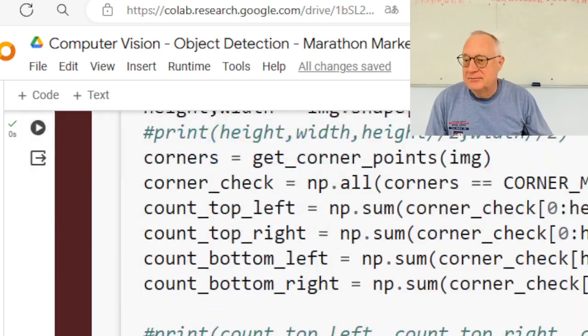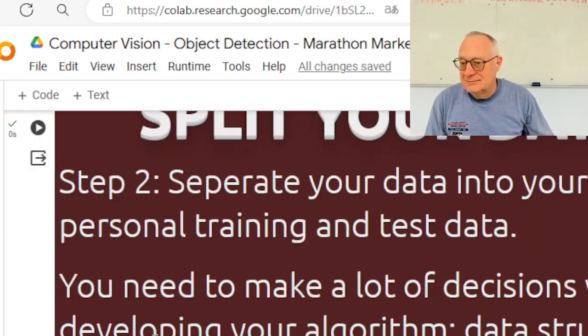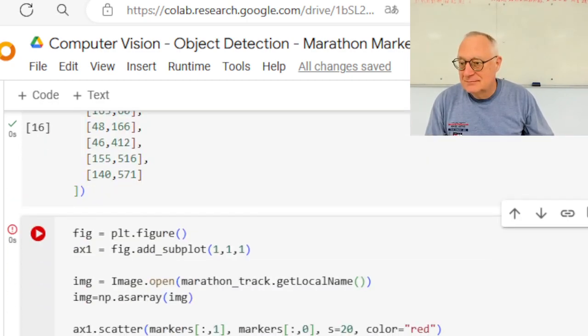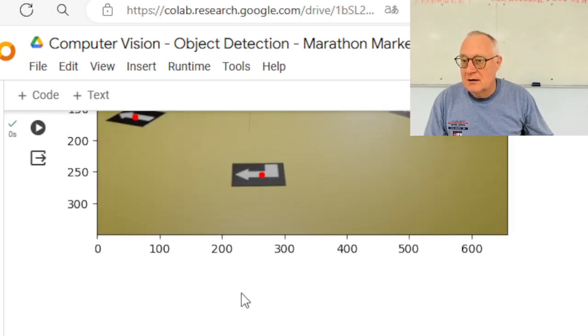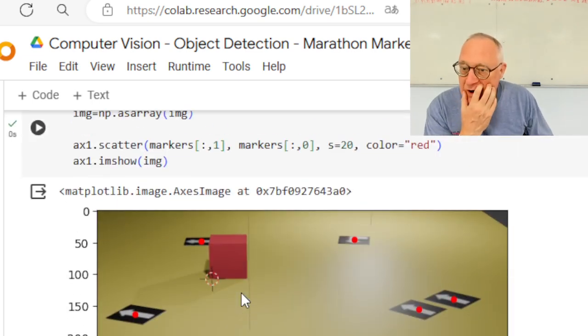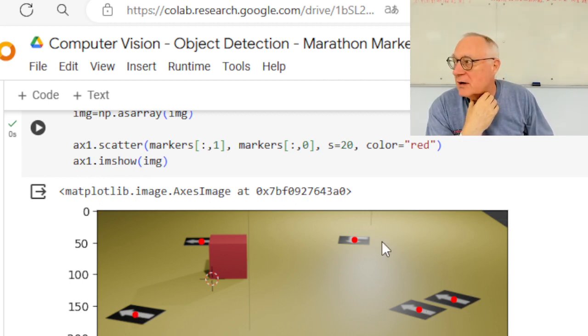Image show. Then the colors may be off. No. Okay, so I got the centers reasonably close here. Right. Now I want to draw the bounding box.